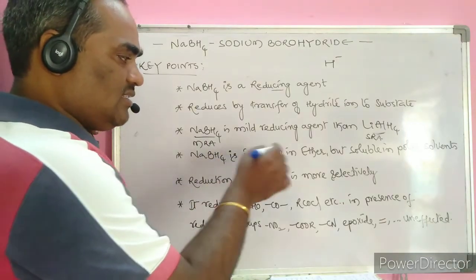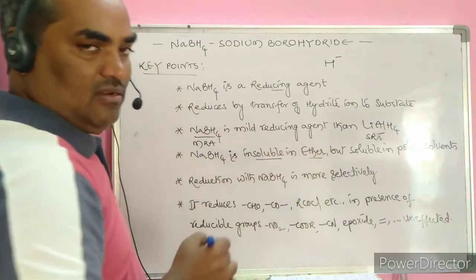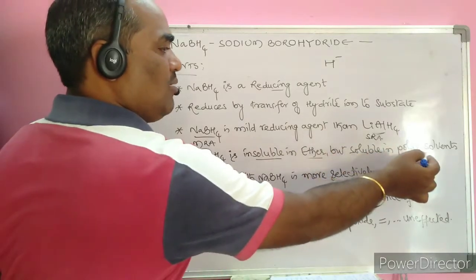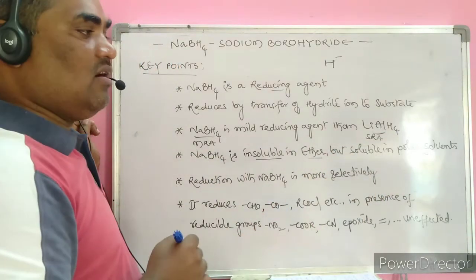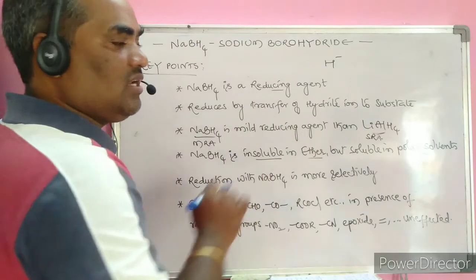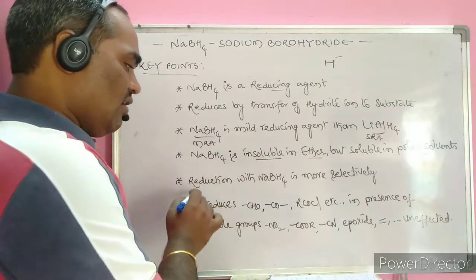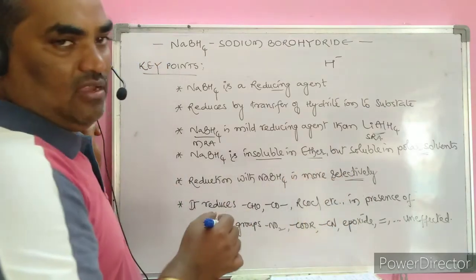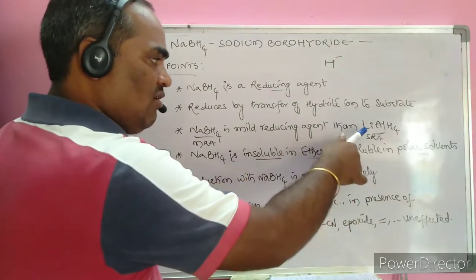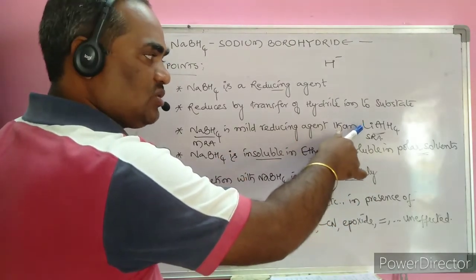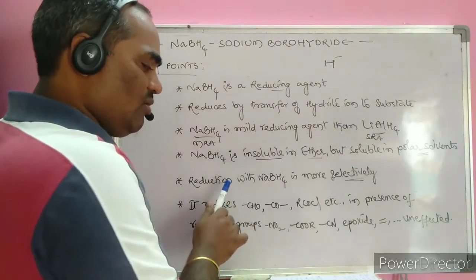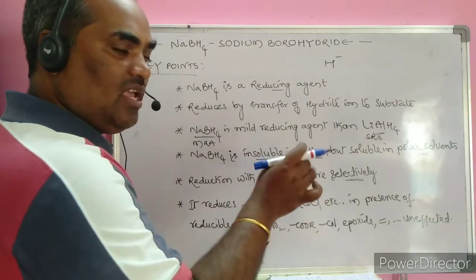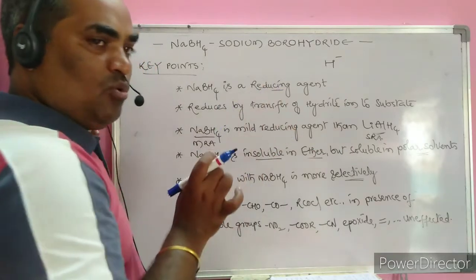Sodium borohydride is insoluble in ether, but it is soluble in polar solvents like alcohol and water, which are examples of polar solvents. Reduction with sodium borohydride is more selective, keep that in mind, whereas lithium aluminum hydride is the strongest reducing agent. Sodium borohydride selectively reduces where the reducible group is there.